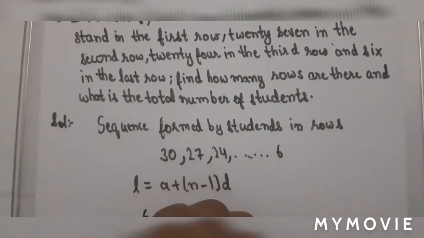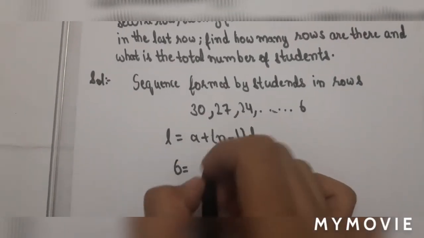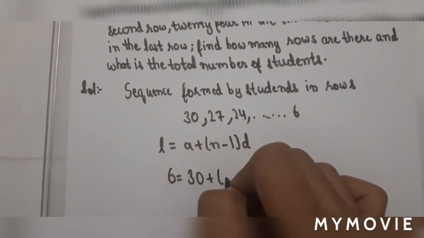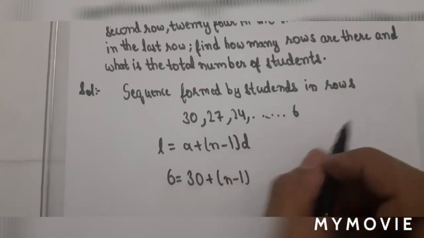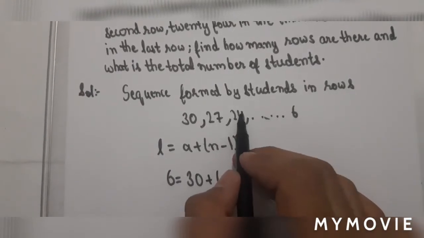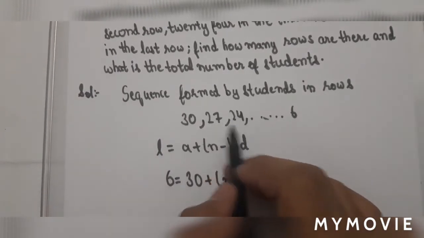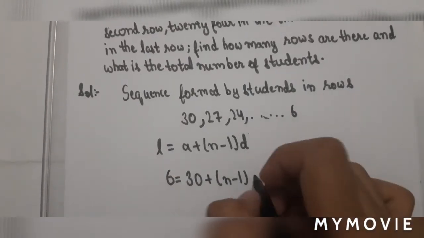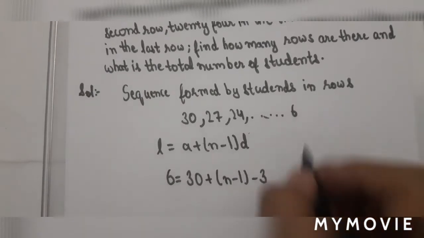Last term is 6 and a, the first term, is 30, plus n minus 1, and our common difference is 24 minus 27, which is minus 3, and 27 minus 30, which is minus 3. So our common difference is minus 3.